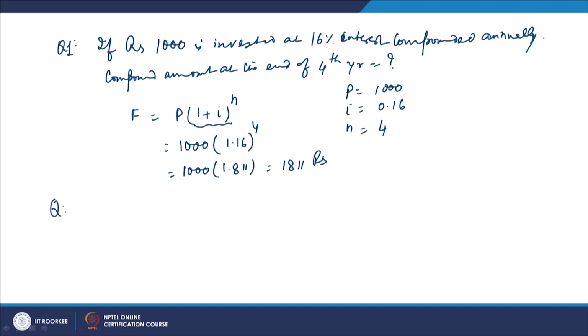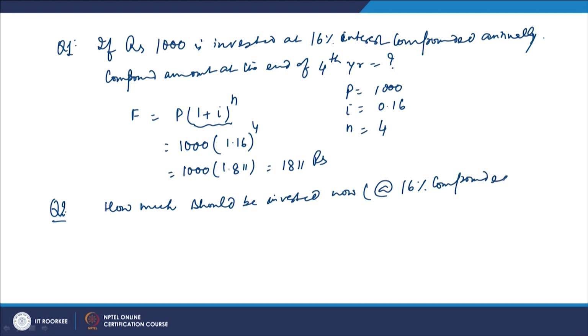This is question 1, and question 2 is just the opposite. How much should be invested now at 16% interest compounded annually, so that rupees 1811 is received 4 years hence?